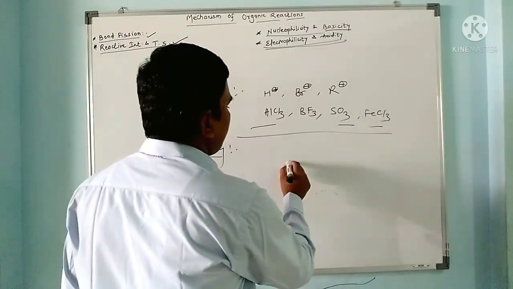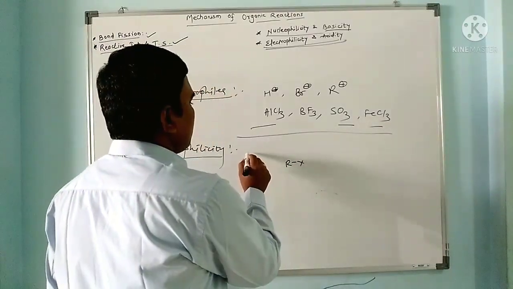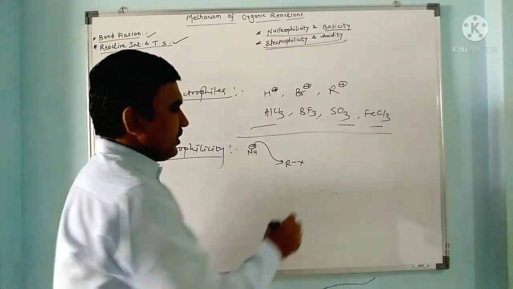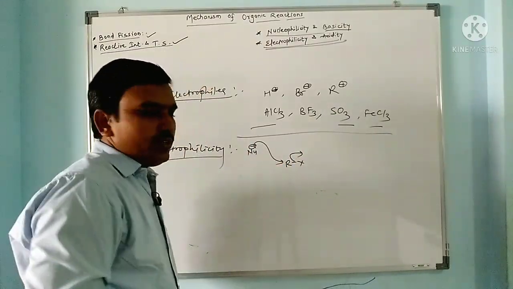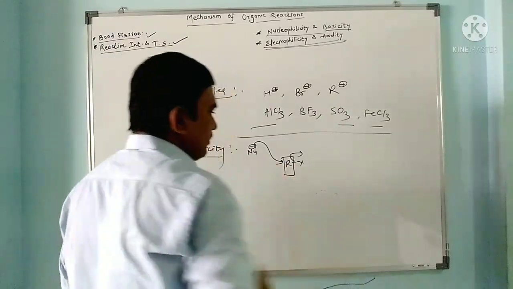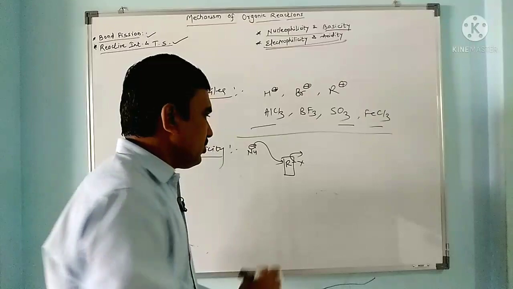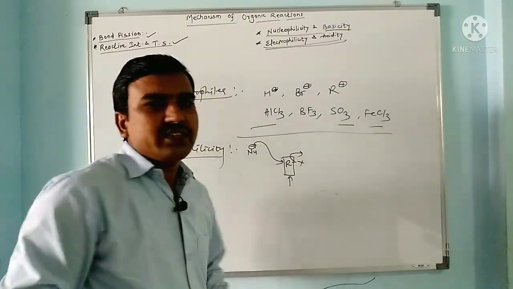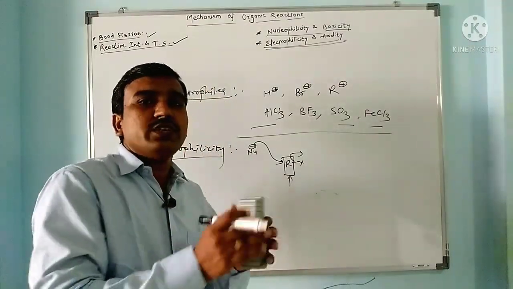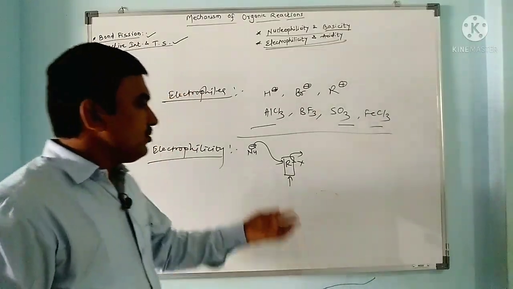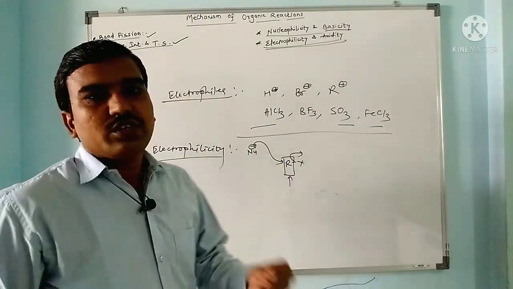When we have RX and any nucleophile is attacking on this R and displaces the leaving group, what is its ability to accept an electron pair? This ability totally depends on its electropositive character, how positively charged or how electron deficient the R is.